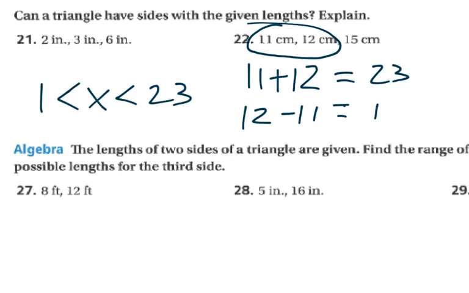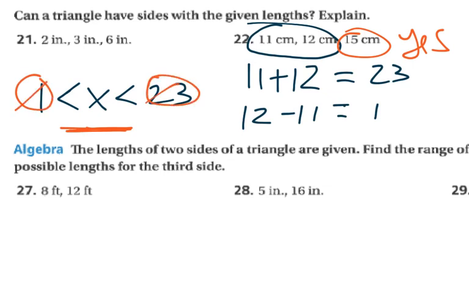Make sure that you have your inequality symbols facing this way. I messed that up, so fix that in your notes. But as long as it's in between 1 and 23, then you're good. Obviously 15 is fine. 15 falls well in between 1 and 23, so this is a definite yes. This triangle could exist. It cannot be 1, and it cannot be exactly 23, but it can be in between, and that's fine.